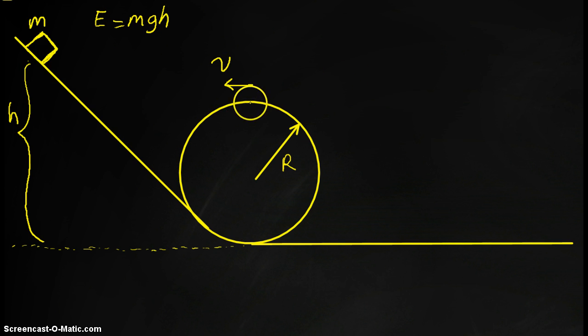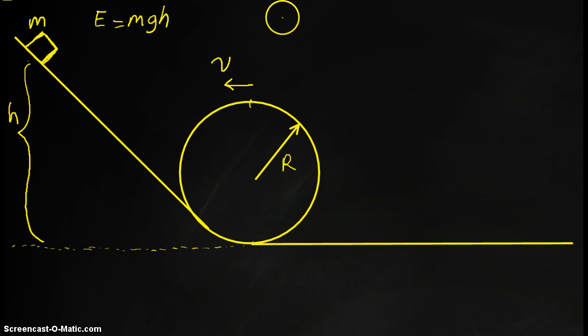Since it has a non-zero speed v, and this point has a certain height from the ground, which is 2r, the diameter of the circle, we can write the energy relation at this point.